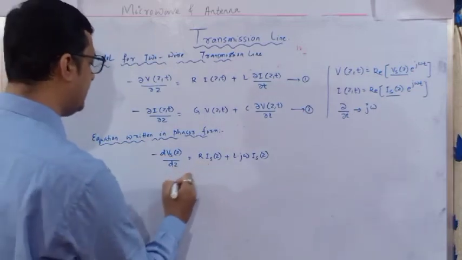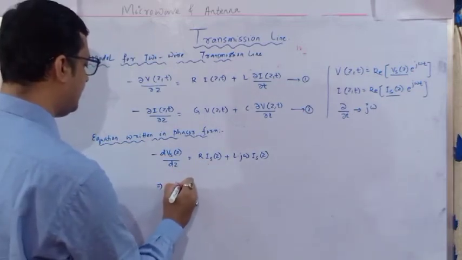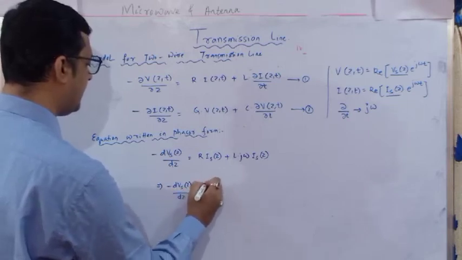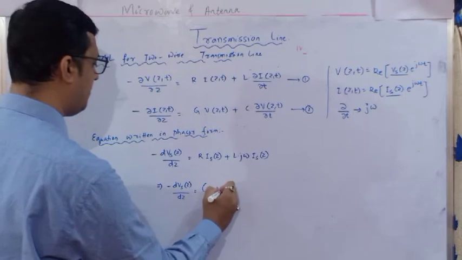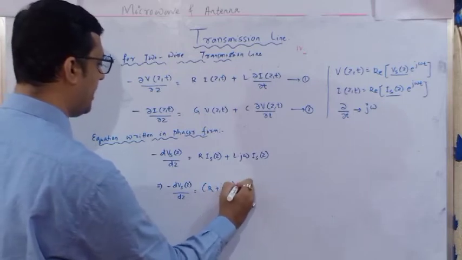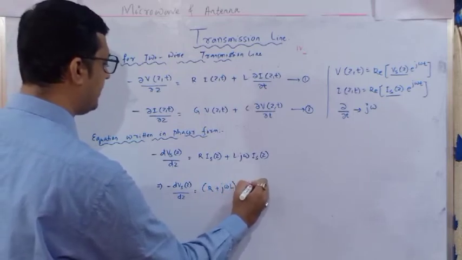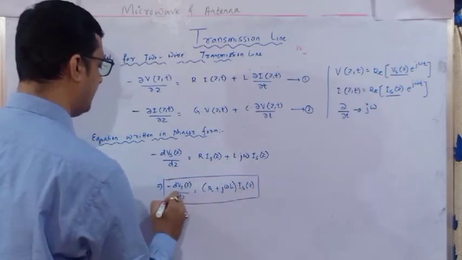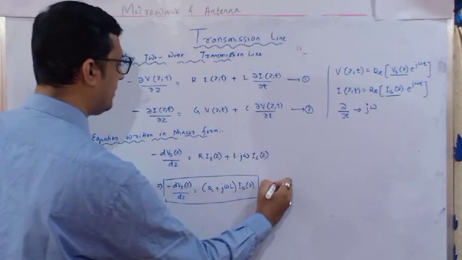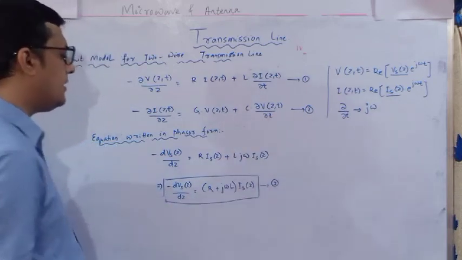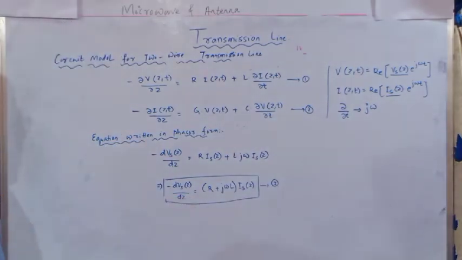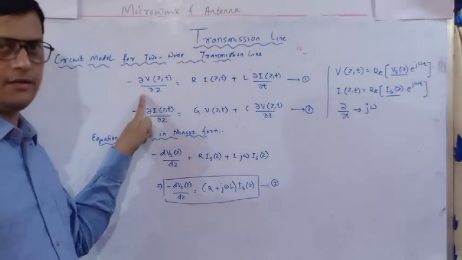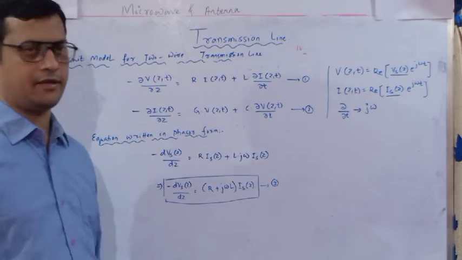If you rearrange this, minus dVs of z by dz is equal to R plus j omega L times Is of z. This is equation number 3; the earlier one is 2. So this equation is the phasor form of the first telegrapher equation. It is a time independent function.